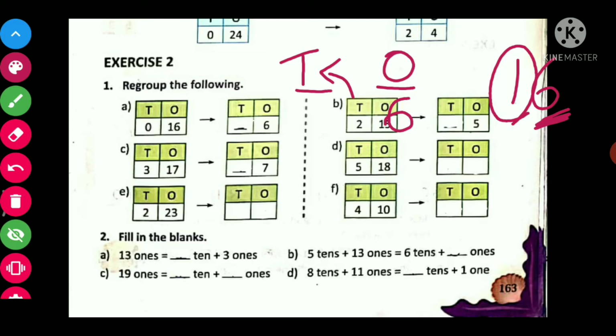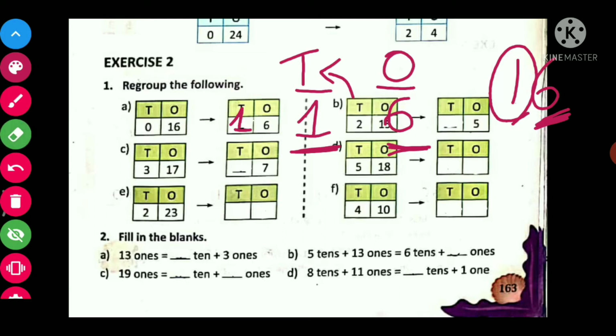Here 0 is there, that means no number is there. So 0 plus 1 will be how much? 1. So in tens we'll get 1, and in ones we'll get 6. This is another way of doing this one.